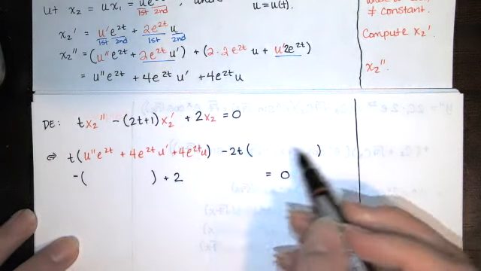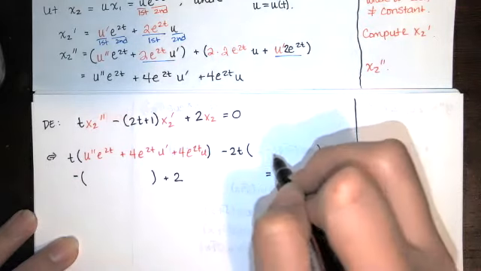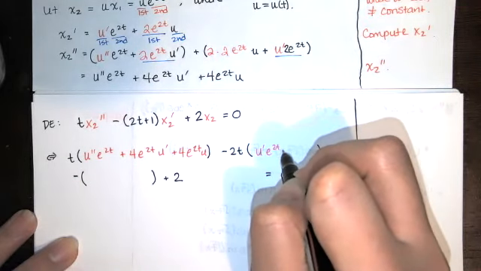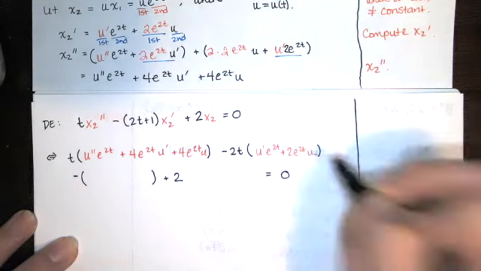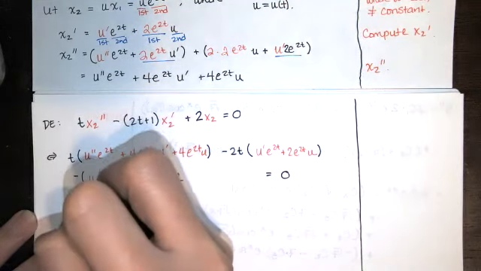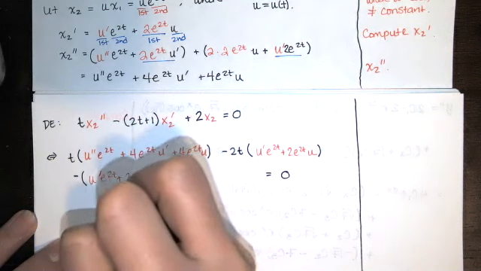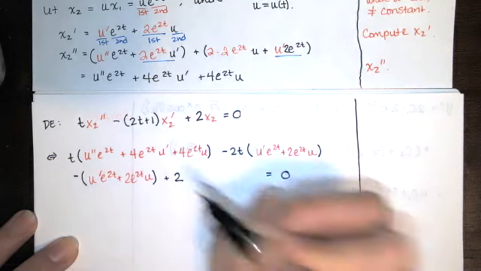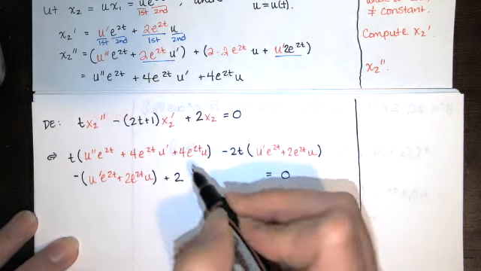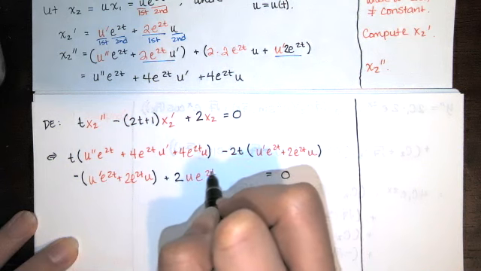Now, x sub 2 prime is this u prime e to the 2t plus 2 e to the 2t times u. And x sub 2 was just u times e to the 2t.